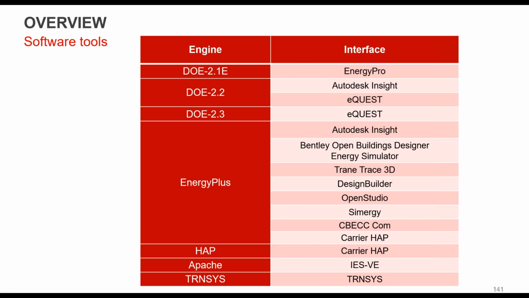HAP is specific to the Carrier product, Apache is specific to IESVE, and TRNSYS does have an engine, but it also has an interface. Each of them has strengths and capabilities, and as Sam talked about, one of the biggest differences is between response factors, weighting factors, and the heat balance method.